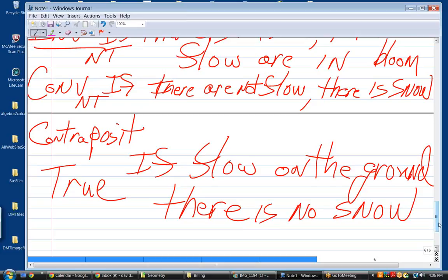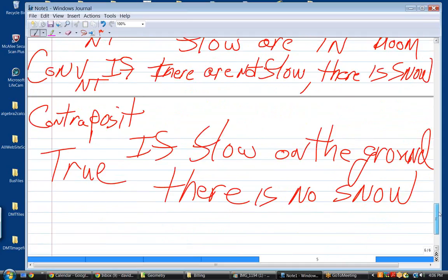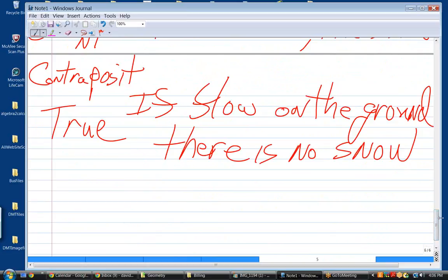So the contrapositive is always true, assuming the original is true. Well, what did the original say? The original said, if there is snow on the ground, then flowers are not in bloom. That's actually not always true. But if we assume that that is always true, then you can definitely say the contrapositive. If flowers are on the ground, then there is no snow.